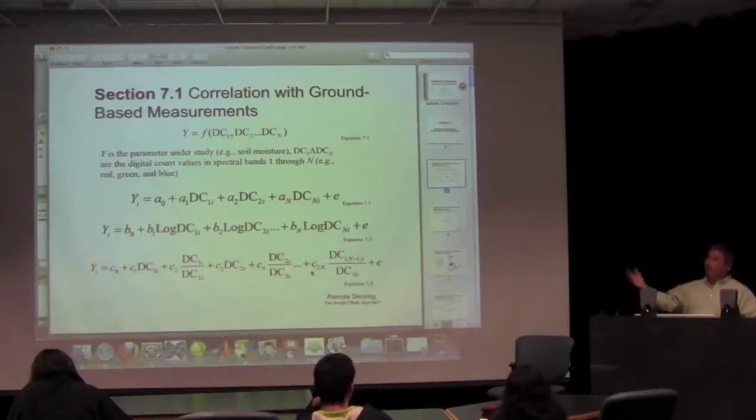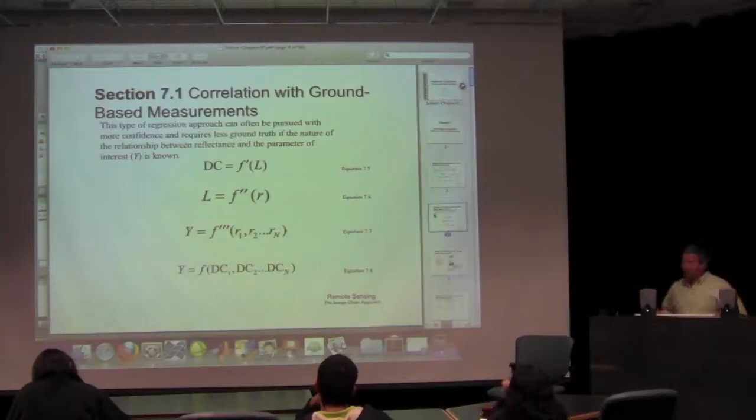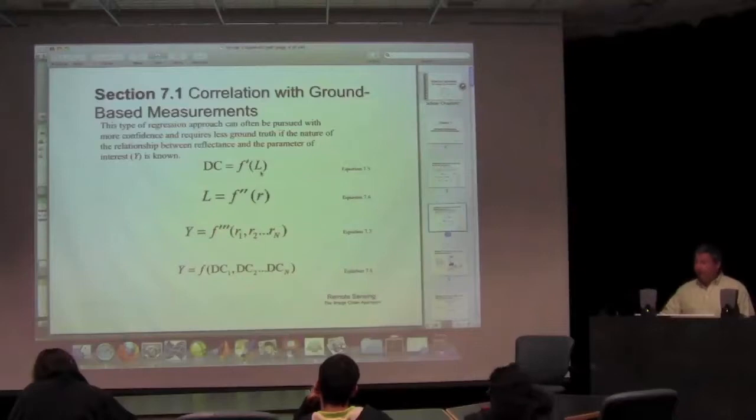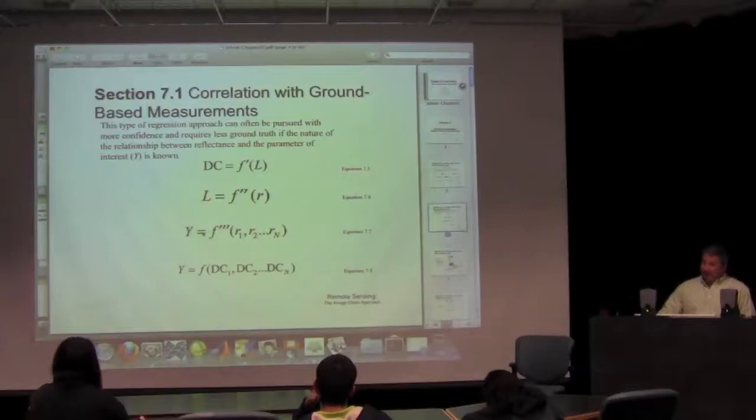And the reflectance of the target is some physical characteristic. Right? And if we could do that sort of thing, then I think we have a better approach. So what I'm talking about here is, with your sensor calibration, what we've done so far, we know that the digital counts that we record are some function of the radiance. The radiance is some function of the reflectance on the ground. Right?